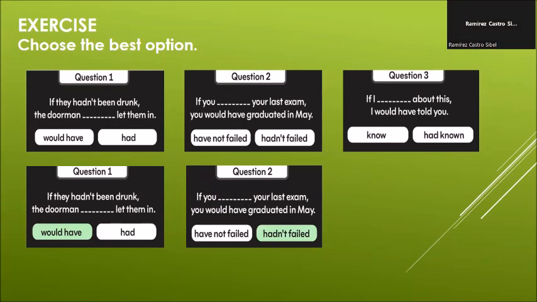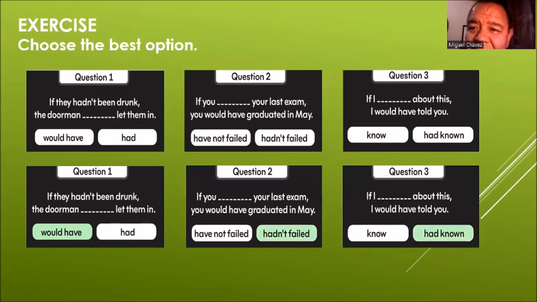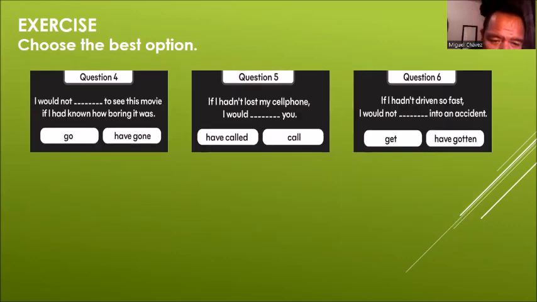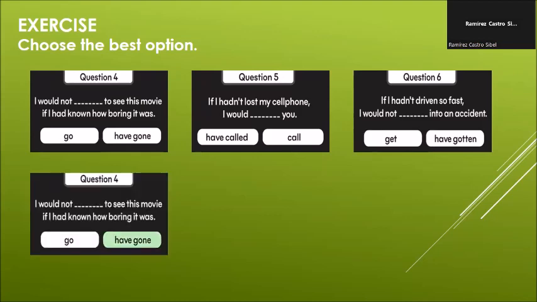If I had known about this, I would have told you. If I had known. Thank you, Sibel. Yes, you're right. Question number 4, please. I will not have gone to see this movie if I had known how boring it was. Have gone. Yes, thank you, Sibel. Yes, you're right. Thanks. Question number 5, please.